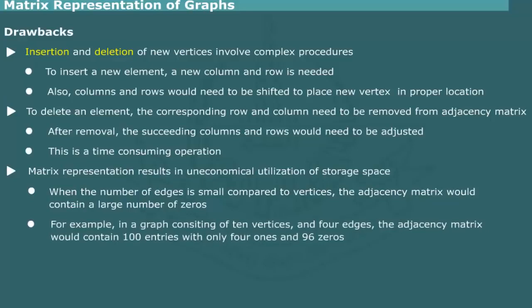The adjacency matrix would contain 100 entries with only 4 ones. Thus, 96% storage space would be wasted. This drawback is overcome in a list representation of a graph. Click here to watch visualization of adjacency matrix.